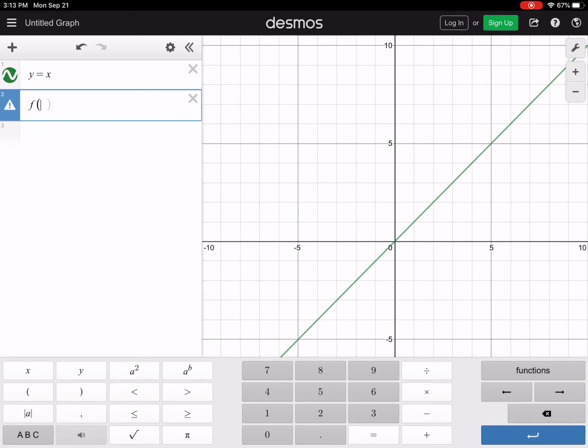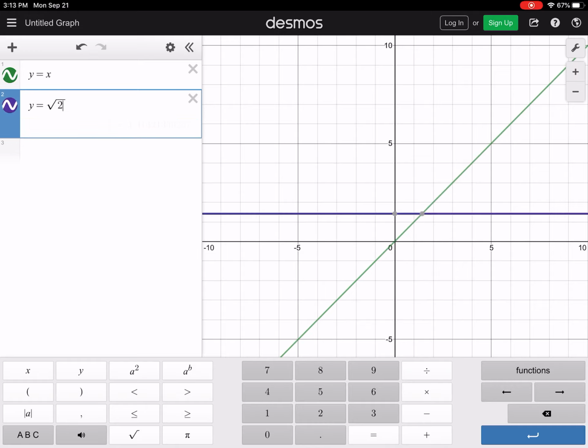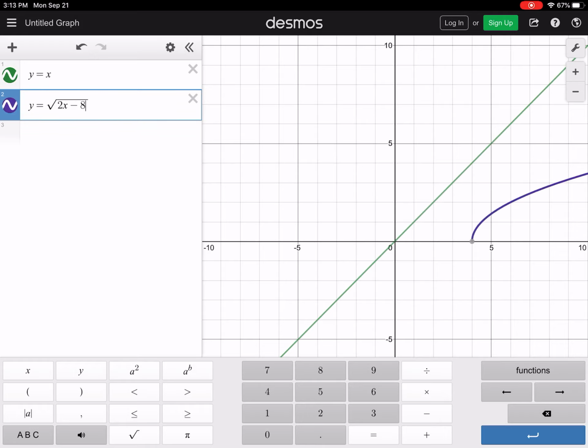Let's say if I have y equals (2x minus 8).